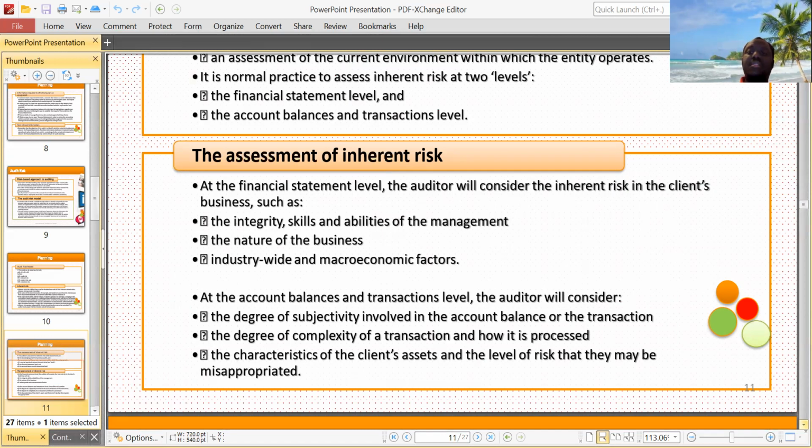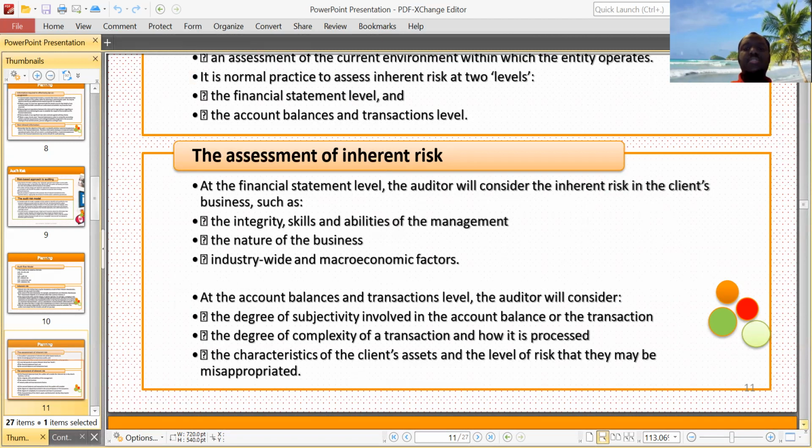They will consider: what is the integrity of management? What is the nature of the business? We talked about this earlier. And what are some of the macroeconomic factors? For example, if you want to set up a business in this COVID environment, there's some inherent risk, because of the nature of the business environment within this period.